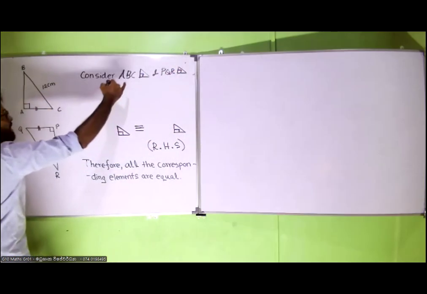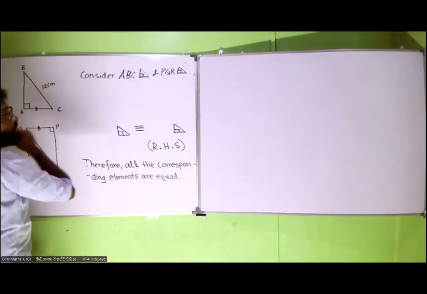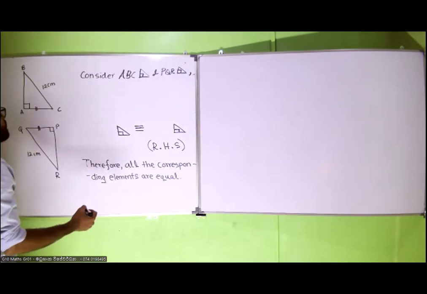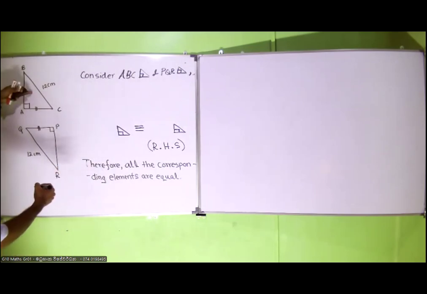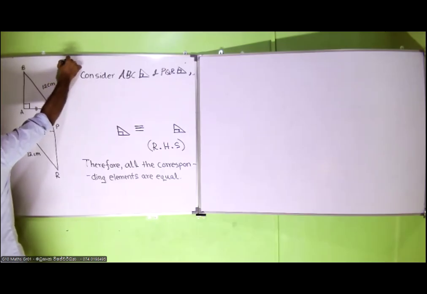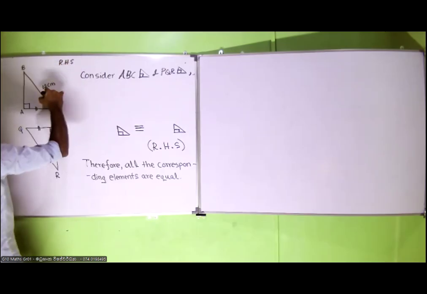Consider ABC right angle triangle and PQR right angle triangle. So this is RHS.